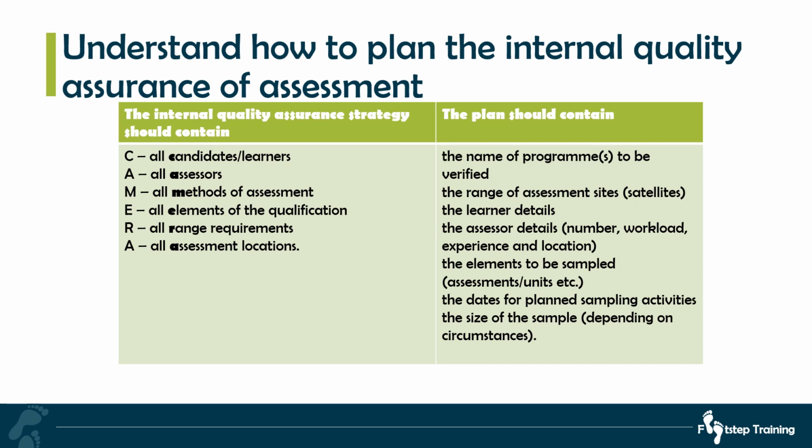Learner details, so who you're working with: is it 16 to 18-year-olds, is it 18 plus, adult learners, for example. Assessor details, such as the number of learners they're working with, the workload that they've got, their experience, so if they're a new assessor or an experienced one, and the location, so where they are, so you're able to detail how they're going to be monitored.